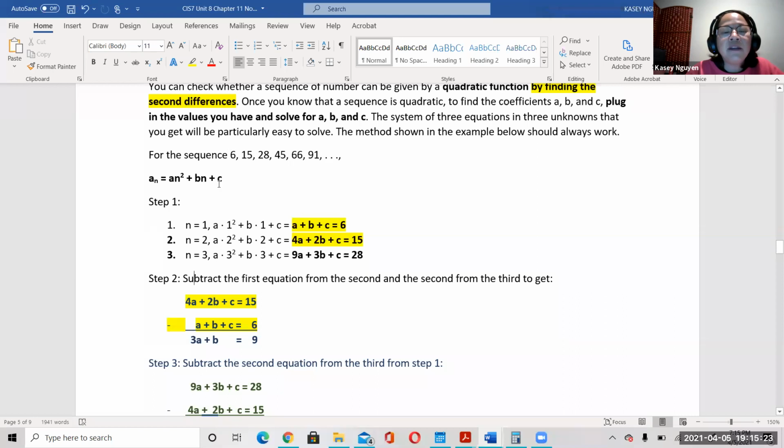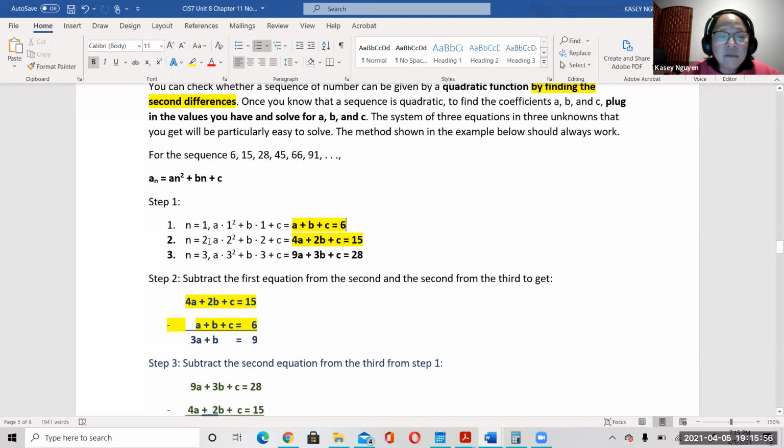Now, when you plug in n equal to 1 for the first step, just like when we started the session today, you plug in the position value, which is n, into this. So when I plug in n equal to 1, I have a times 1 squared plus b times 1 plus c, which gives me a plus b plus c equal to 6.